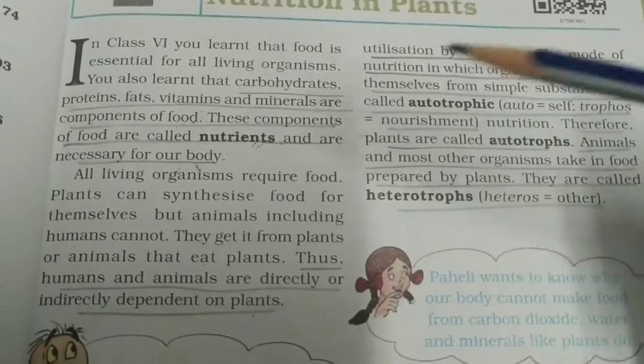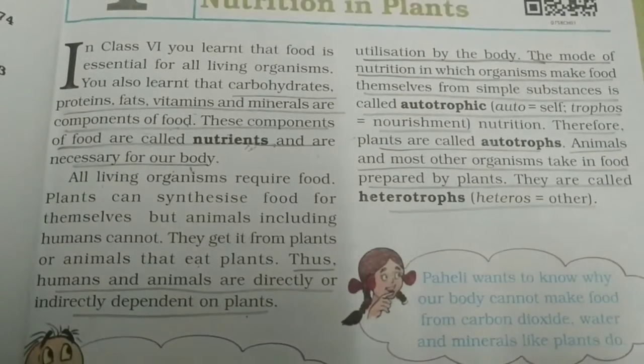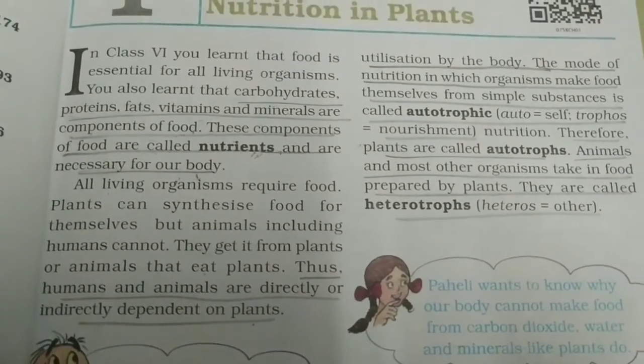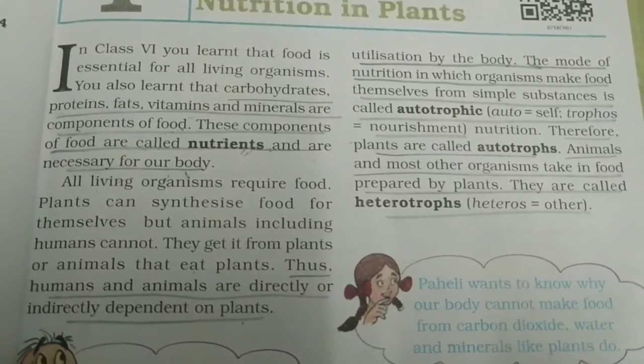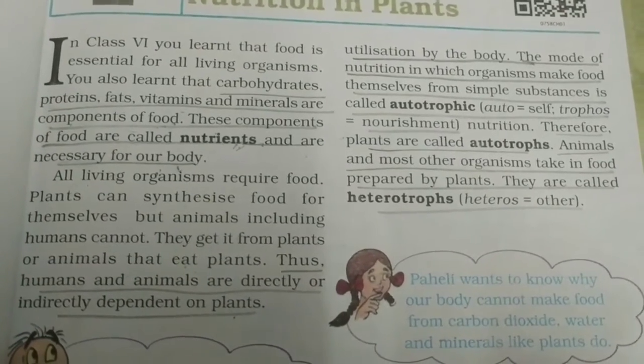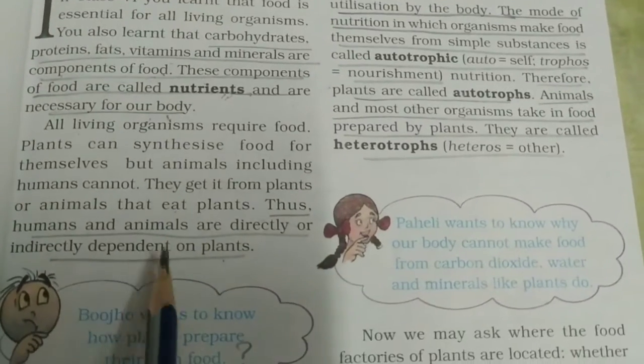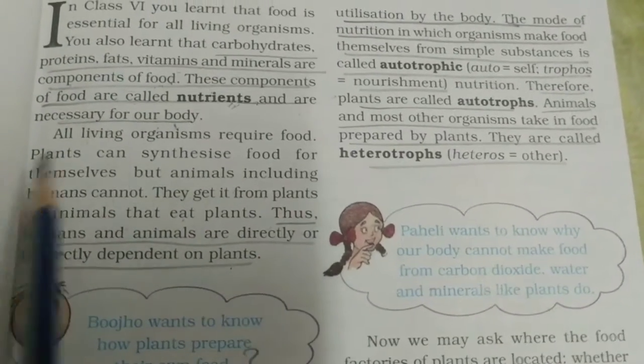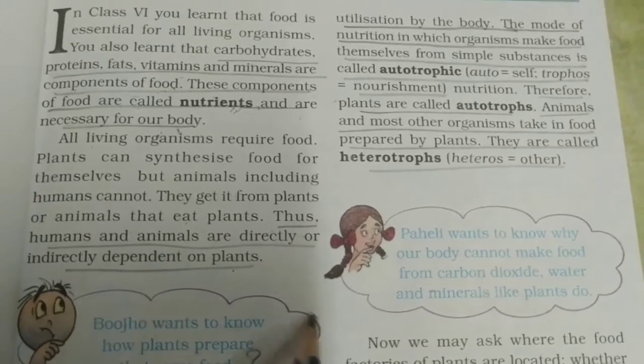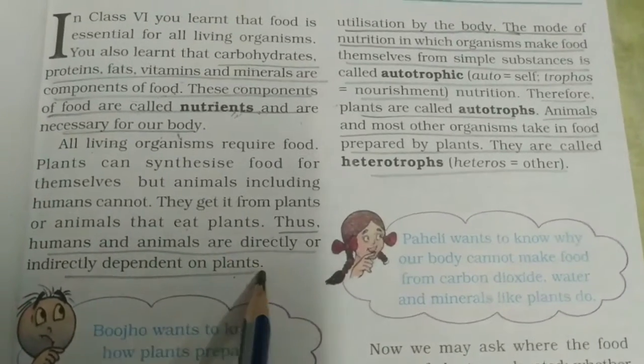Suppose some people are non-vegetarians and eat chicken. Those animals eat plants, so we get it from animals. Thus, humans and animals are directly or indirectly dependent on plants.